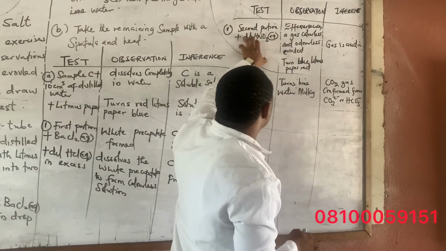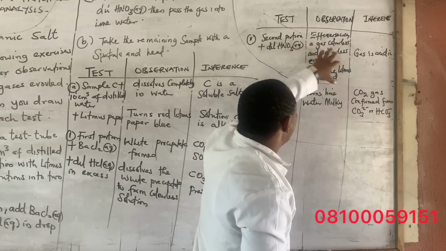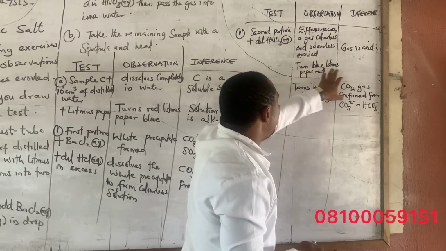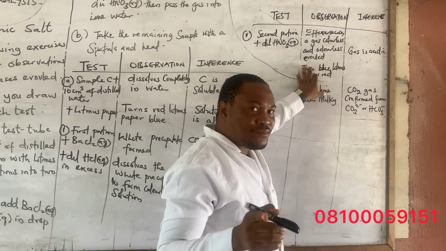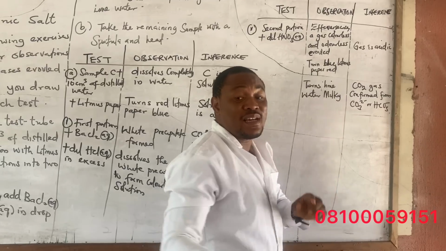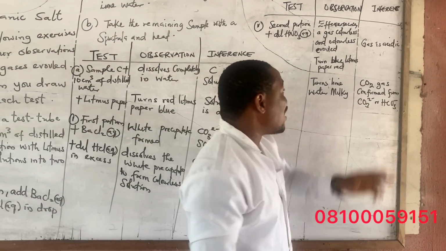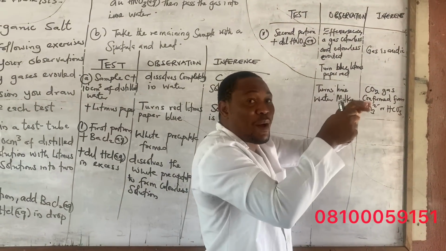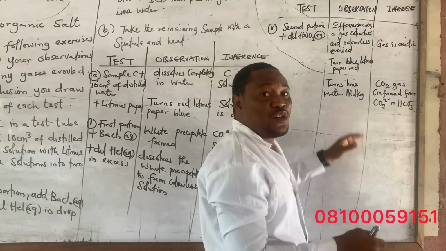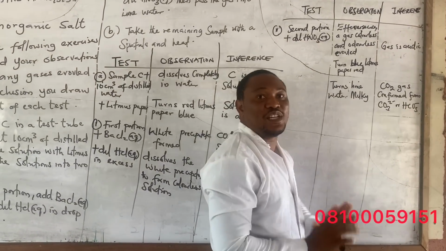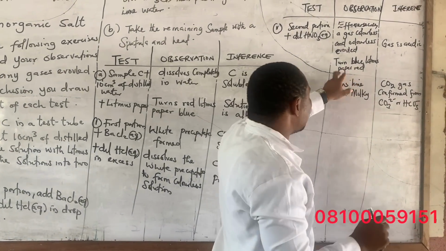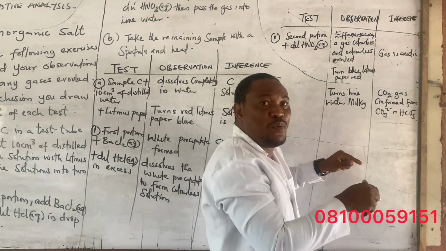The second portion plus dilute HNO3: effervescence, a colorless and odorless gas evolved, which turns blue litmus paper red. Why didn't I test it with blue litmus paper? Because if I want to pass it into lime water, I should have a delivery tube. If I'm testing with litmus paper, all the gas would have evolved, so it would not give me the confirmatory test. That's why I did not test with blue litmus paper.